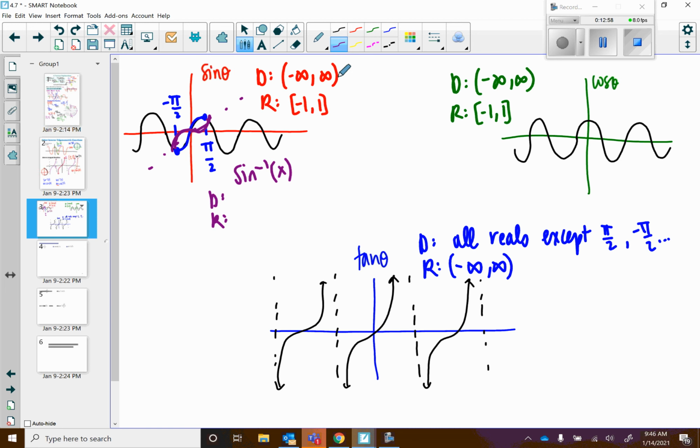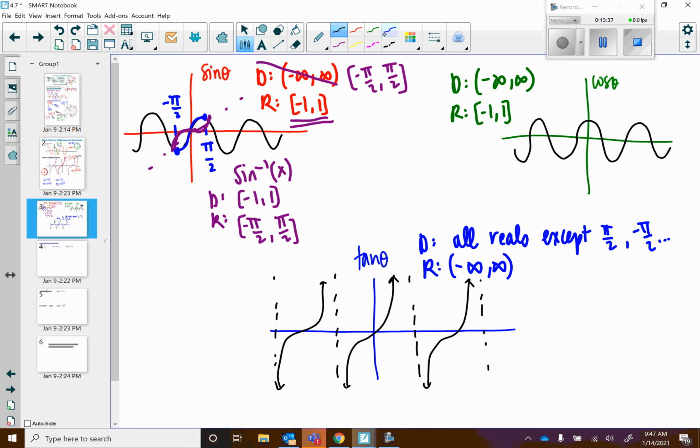Because if an inverse function switches x and y, and domain and range are x and y, then they have to be flipped. Now, that means the domain of sine inverse is the range of sine, -1 to 1. And this is where we have to restrict. So the domain of the original function gets restricted to -pi over 2 to +pi over 2. And that domain restriction becomes the range of this function.